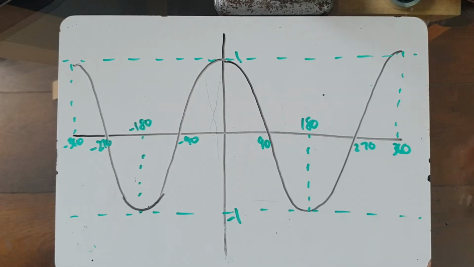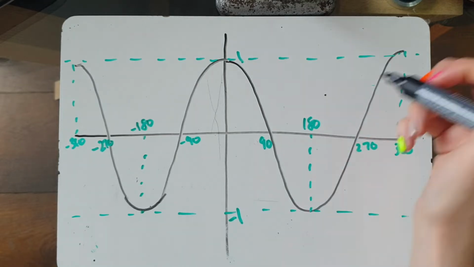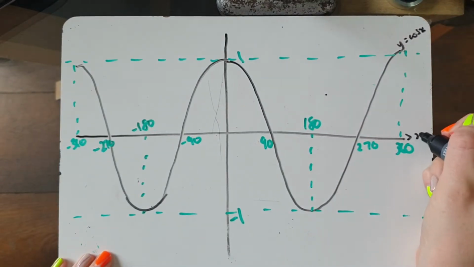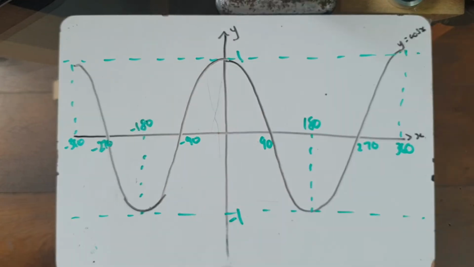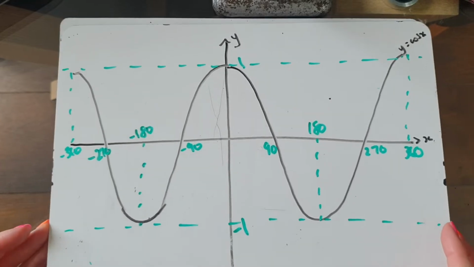So that is what the graph of y equals cos x looks like. And I'm going to save that for the questions in case I need it.